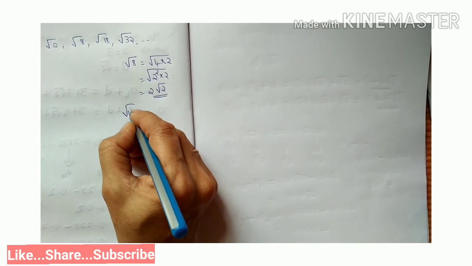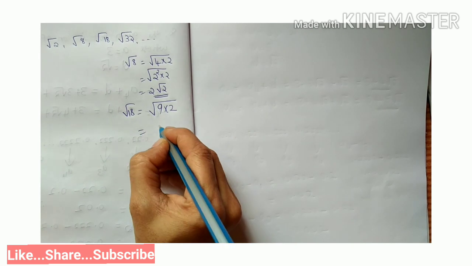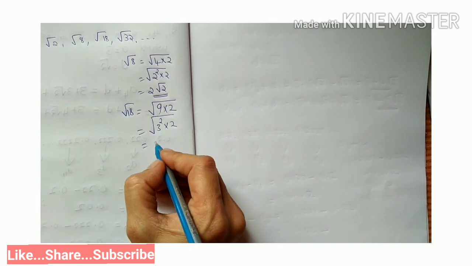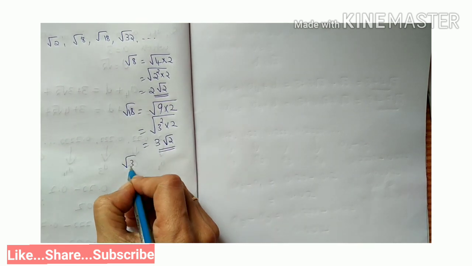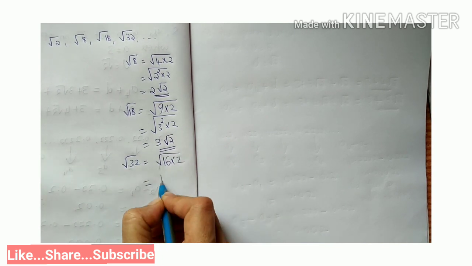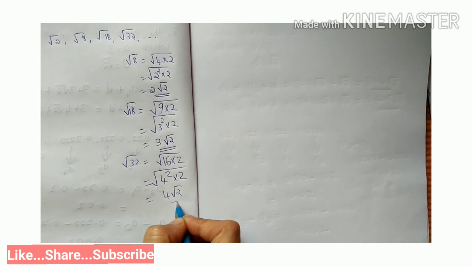Similarly root 18, 9 twos are 18, here 3 square into 2, take 3 outside, 3 root 2. Next, root 32 is root of 16 into 2, 4 square into 2, 4 root 2.